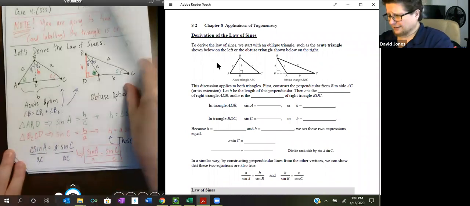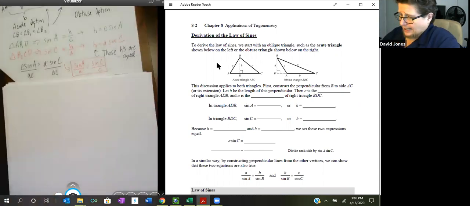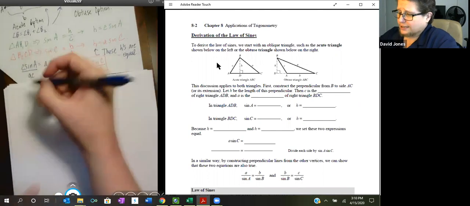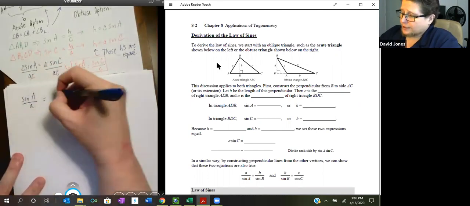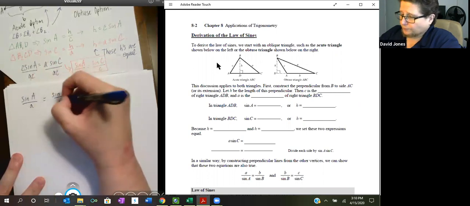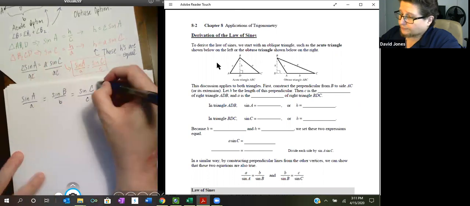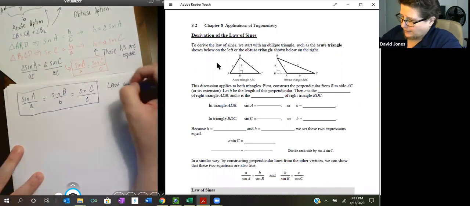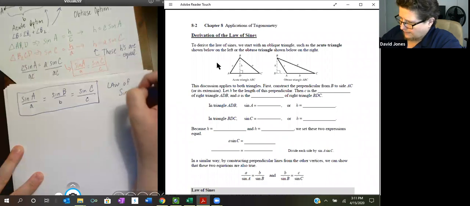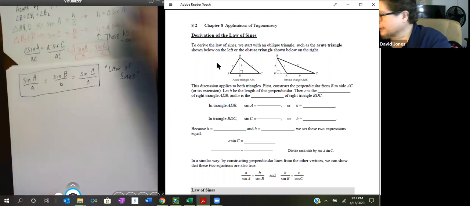And you're going to find, if you do that with angle B thrown in there, we can break it up the other way. You're going to see sine of A over a equals sine of B over b equals sine of C over c. This is the law of sines, named such because it only has sines in it.